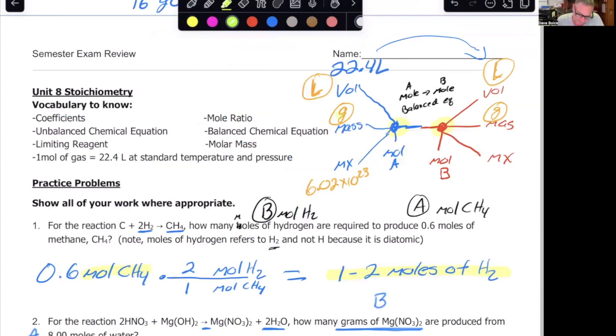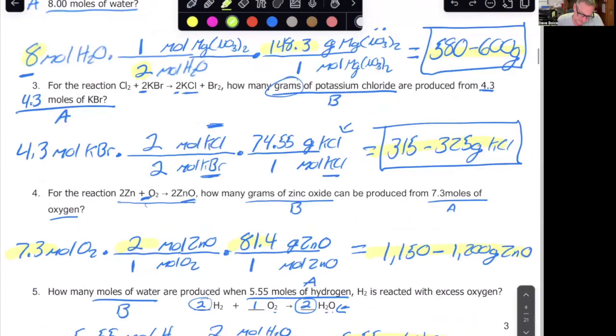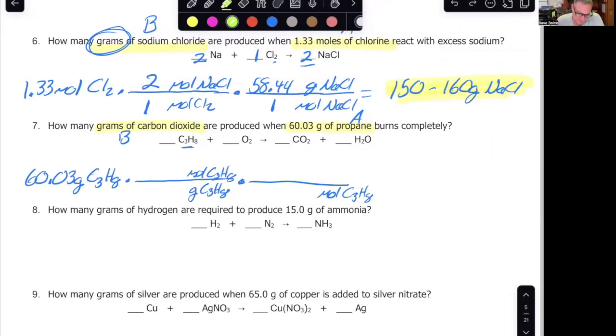So I'm going from grams of A to moles of A, moles of A to moles of B, and then moles of B to grams of B. So this is 3 steps, and I tried to do it in 2, which is not going to work. Okay, so grams per mole, moles of A to moles of B, which is carbon dioxide, so CO2. And now I can do this.